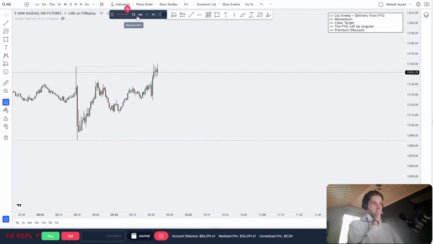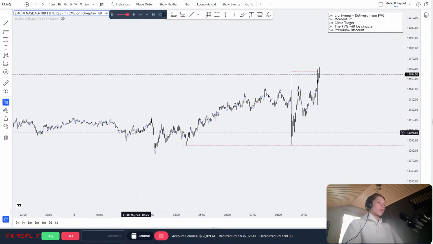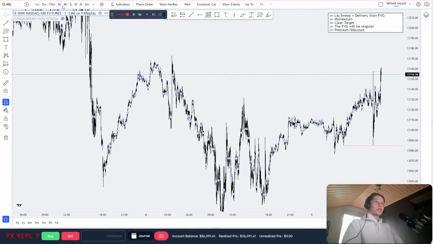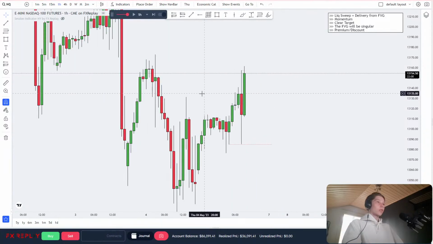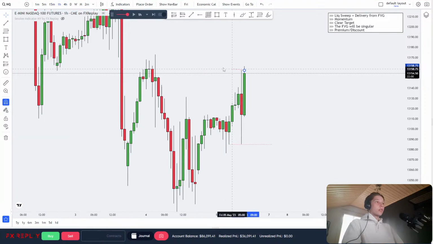Let's just simulate further. Okay, we take that high. Okay, now we have equal lows. We got a lot of buy side swept, which we could still take. Go and take this high.